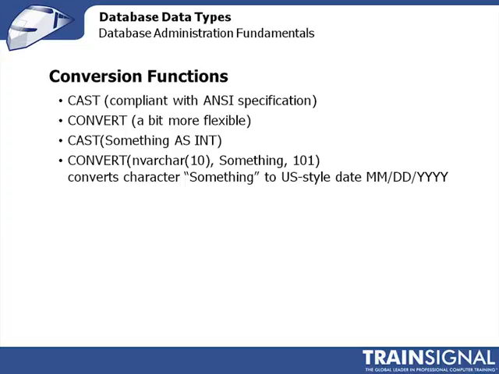On the convert example, convert an nvarchar 10 something 101, and this would convert whatever was in something to a US style date of month/day/year. That's what that 101 is. So you really do wind up looking at the documentation a lot to look up the syntax and the different codes and numeric values that these functions utilize.